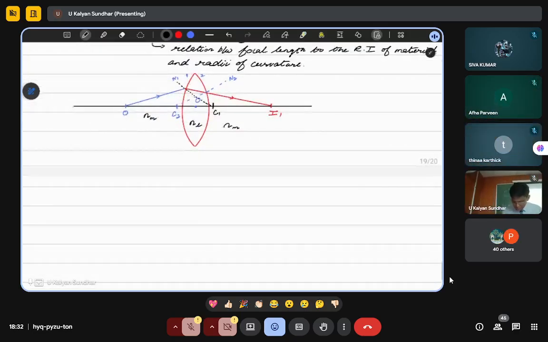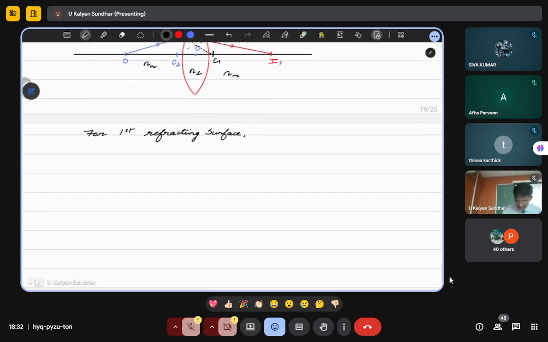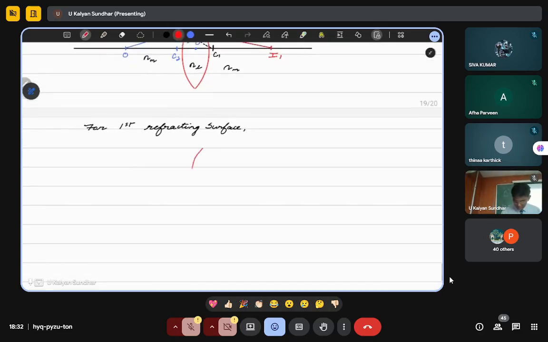First only about the first refracting surface. So this is the object. It will be falling here.